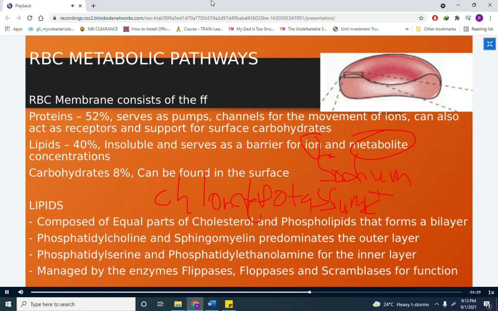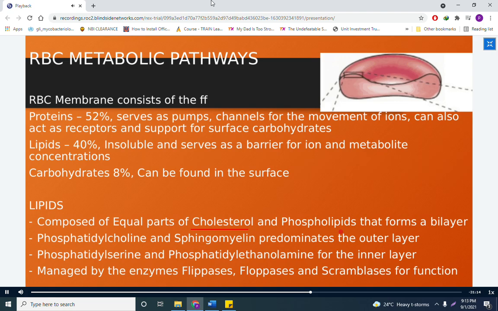Let's start with lipids. Class, your lipids are composed of equal parts of cholesterol and phospholipid that form a bilayer. So it's like two layers, class, an outer and an inner layer. So imagine this is the outer and this is the inner layer.